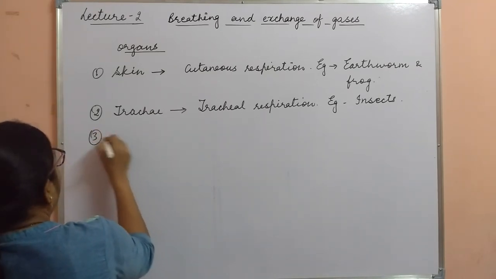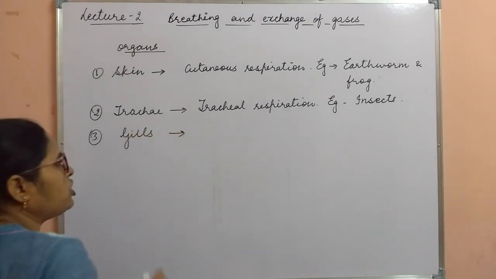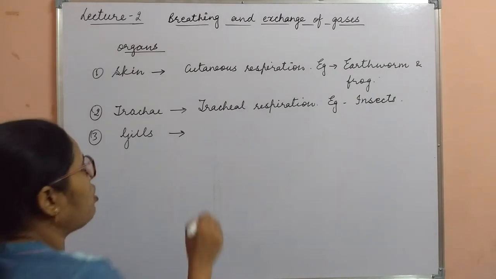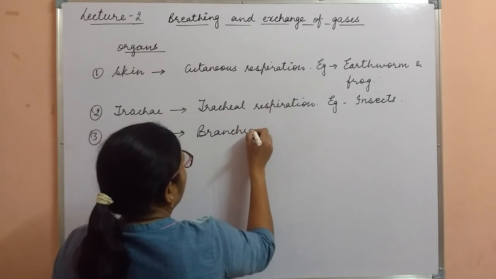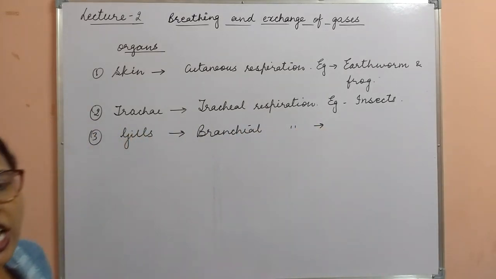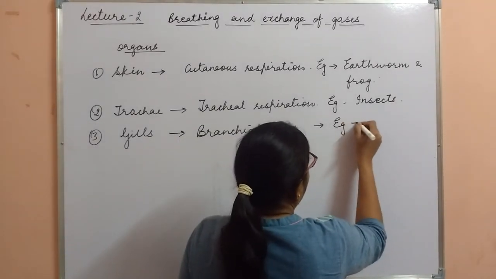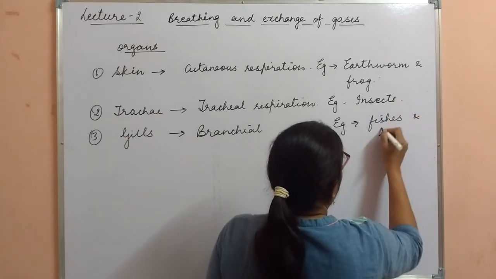The third type of organ is gills, and the respiration which takes place by gills is called branchial respiration. Mainly this type of respiration is found in fishes and prawns.